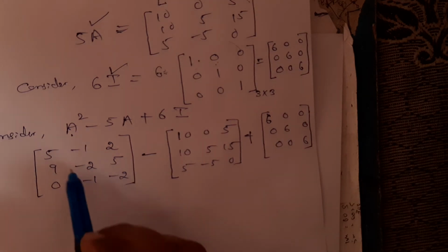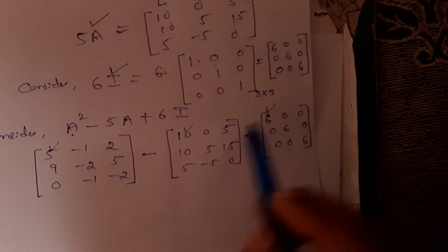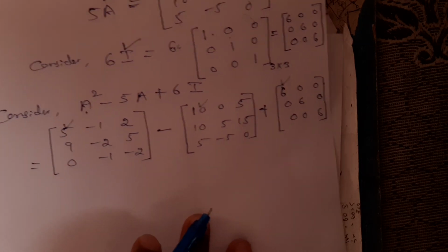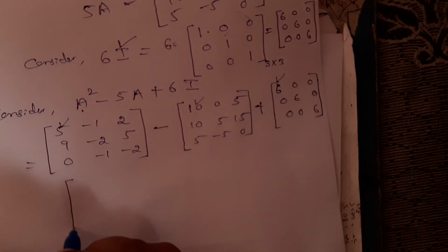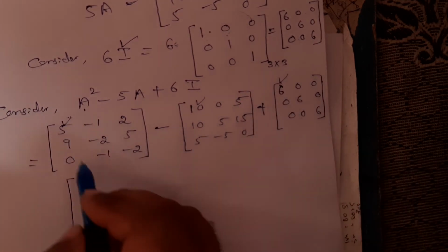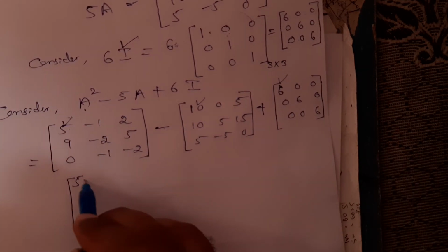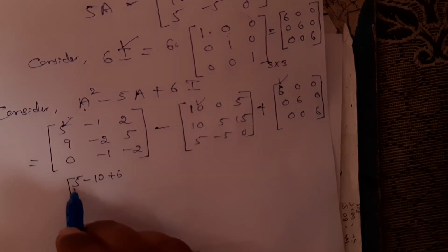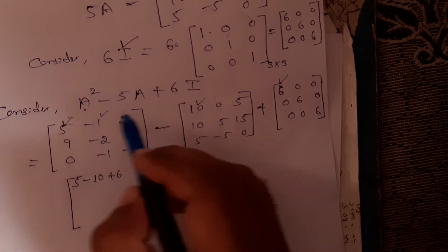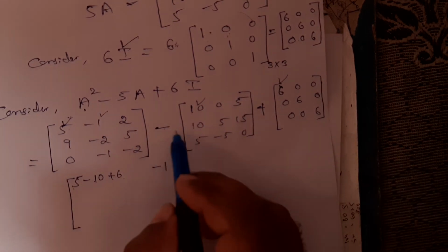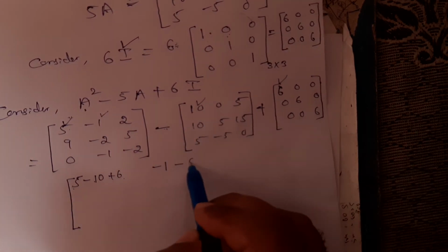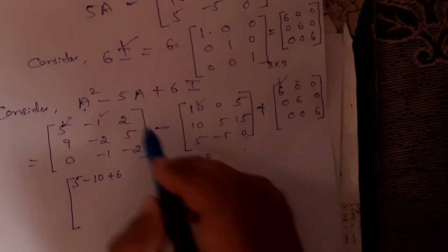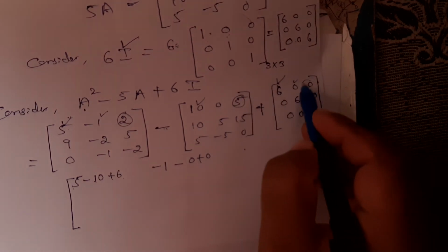Okay, then see here, we have to consider the corresponding elements. So I will write it here only. See, what are the corresponding elements in the 3 matrices? 5, the corresponding element is minus 10, then plus 6. See this, 5 minus 10 plus 6, then minus 1 minus 0 plus 0. Then another corresponding element, see here, 2, 5 and 0.